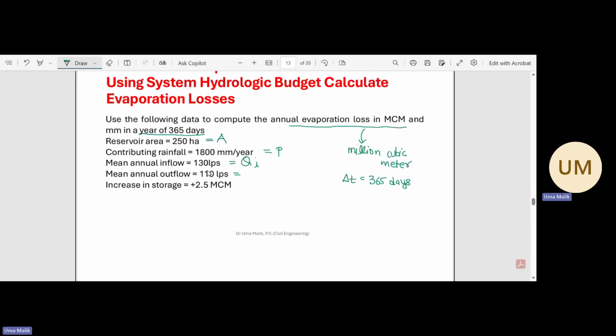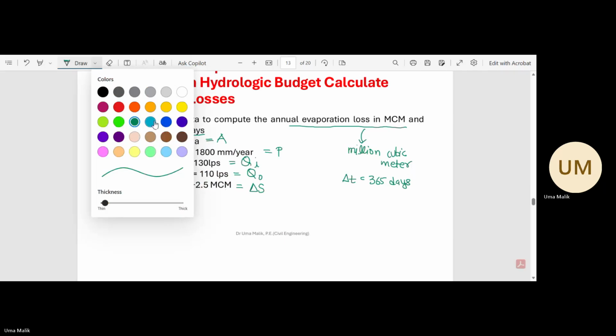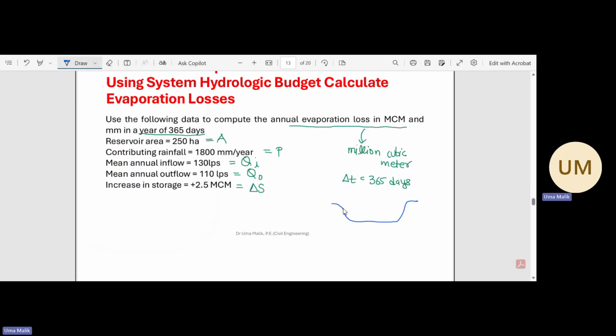I am writing QI because it is liter per second. Mean annual outflow is given. And increase in storage is given with a positive sign. It means there was addition in the storage, which means there is a positive change in depth of your reservoir. So this is my reservoir depth.